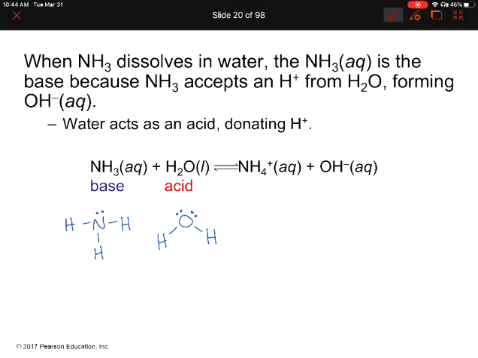And we're going to draw an arrow pushing mechanism again. But this time, NH3 is the base. So its lone pair of electrons is going to grab onto a hydrogen, this time from water. And then the electrons between hydrogen and oxygen are going to stay with oxygen.